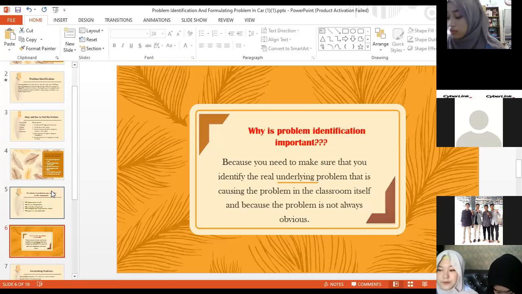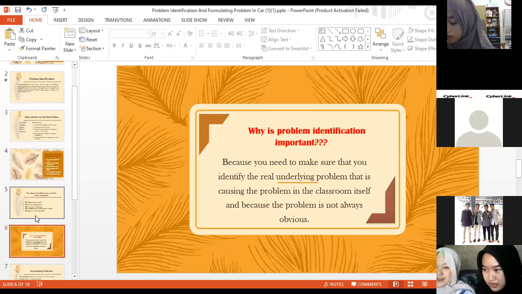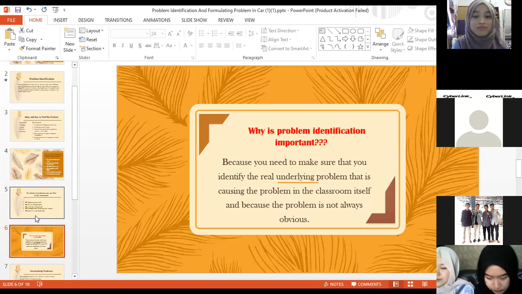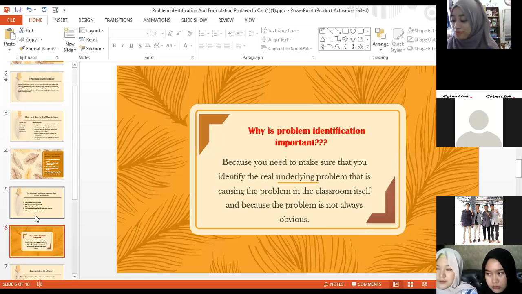Because, as we know, when we do the teaching and learning process, it is not only one, two, or three problems, but many. We have to consider which problem is the first important one to discuss. Problem identification is also important to make sure that the students comprehend all the topics and learning material that you give as a teacher. Next slide, please.